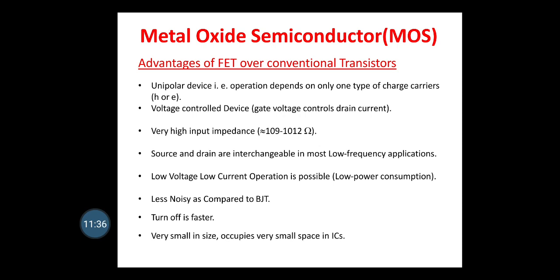It has very high input resistance or impedance. Source and drain are interchangeable in most low frequency applications. Low voltage, low current operation is possible, that is, low power consumption. Less noisy as compared to BJT. Turn off is faster and it is very small in size, occupying very small space in ICs. So these are some of the advantages of MOSFET.